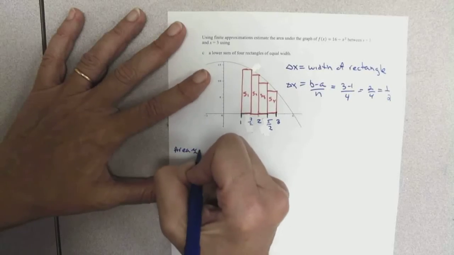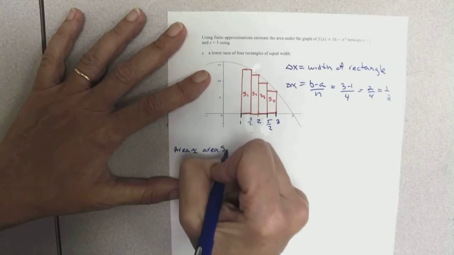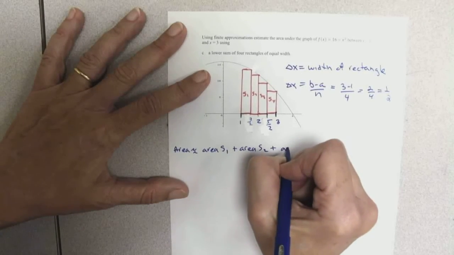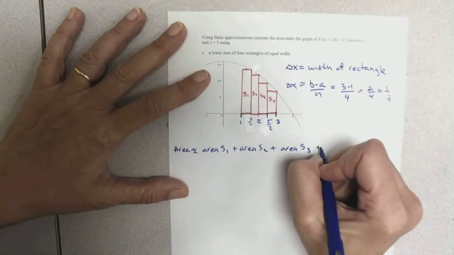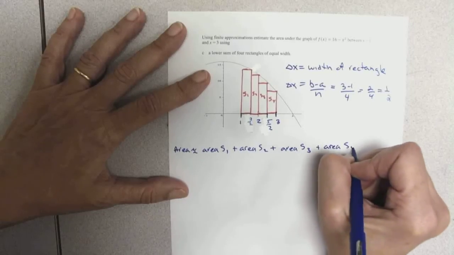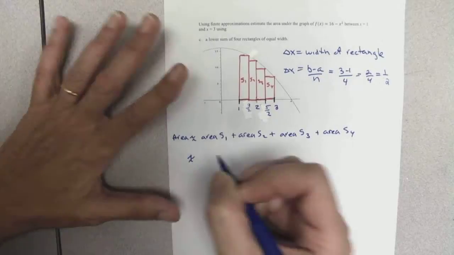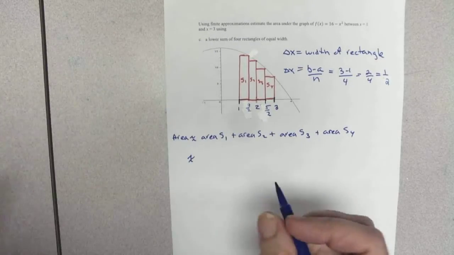And so the area is approximately equal to the area of S1 plus the area of S2 plus the area of S3 plus the area of S4. And each time, it's height times width.